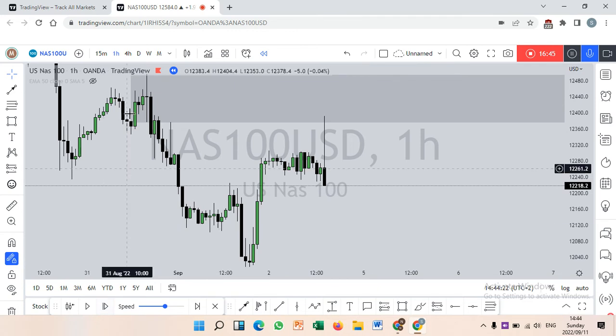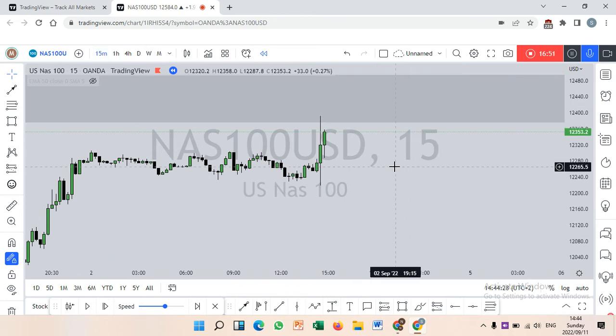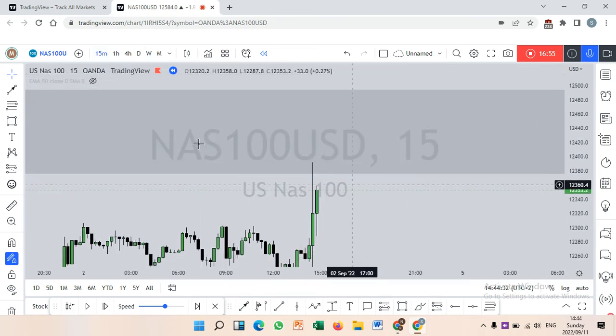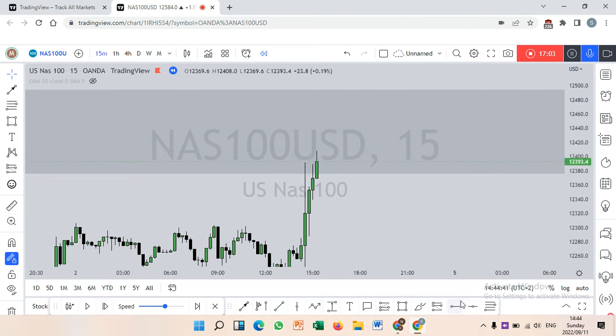There we go. So that's one tool. Now you're within the zone. Let's mark out all those levels.